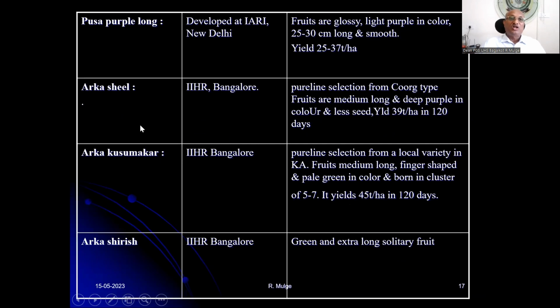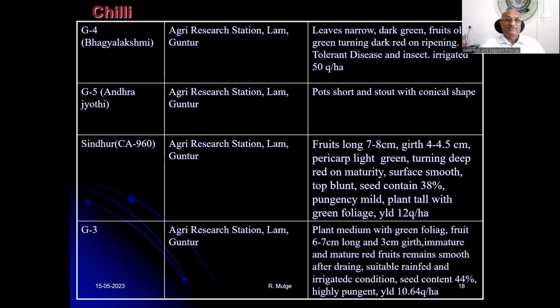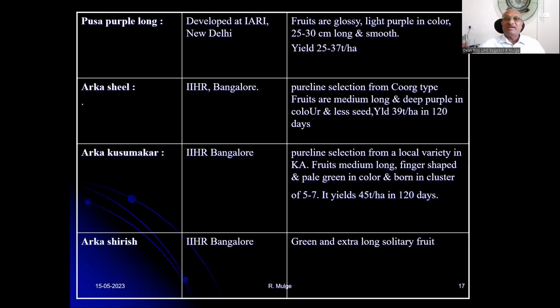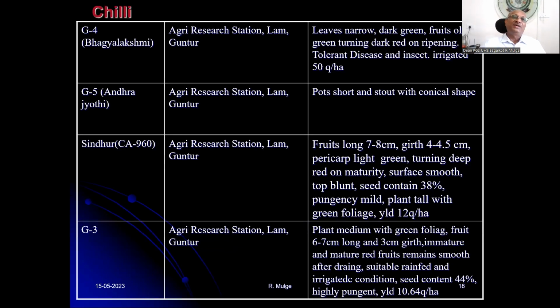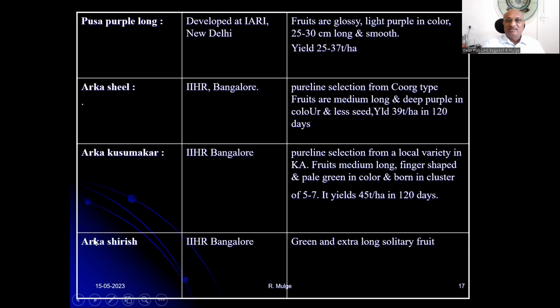Then Purple Long, Arka Sheel, Arka Kusumakar, Arka Shirish. They are all results of pure line selection. Sometimes these descriptions are given wrongly in some of the references. You have to be careful of that. So what the plant breeder originally says is what method we have. Then G5, 4, G5, G3.